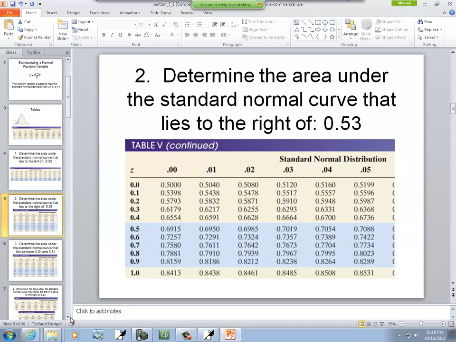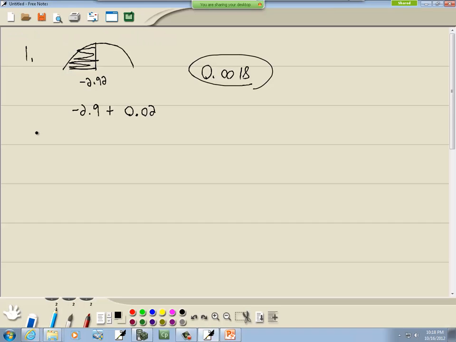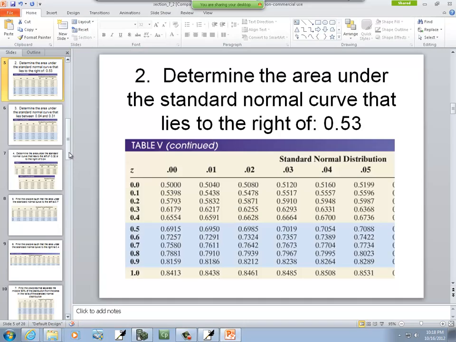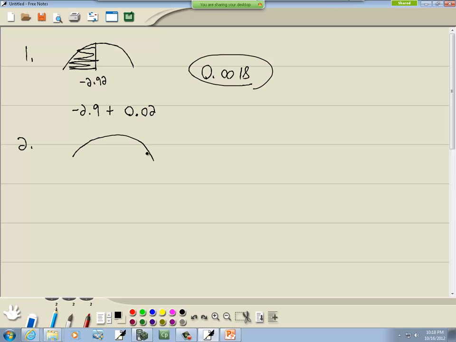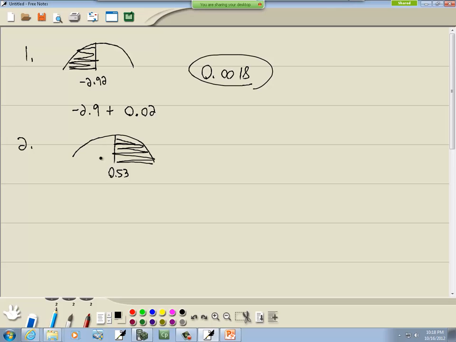Now let's take a look at our second example here using tables. Determine the area under the standard normal curve that lies to the right of 0.53. So here's 0.53. To the right of is shaded this way. Unfortunately, our table is based upon the area to the left.